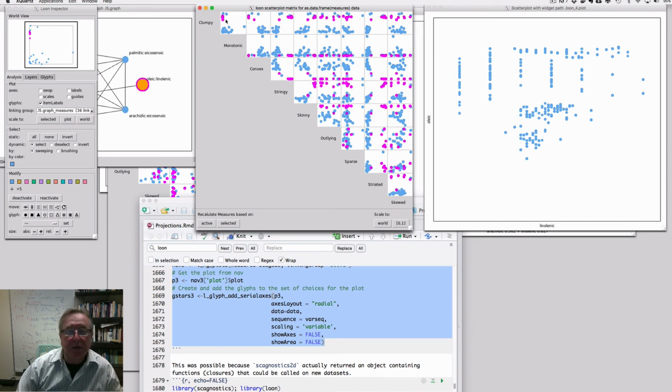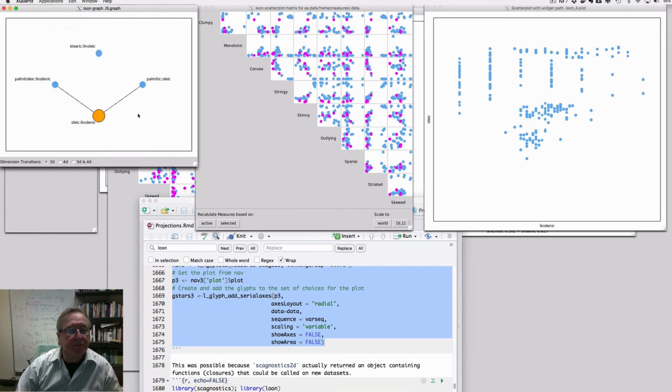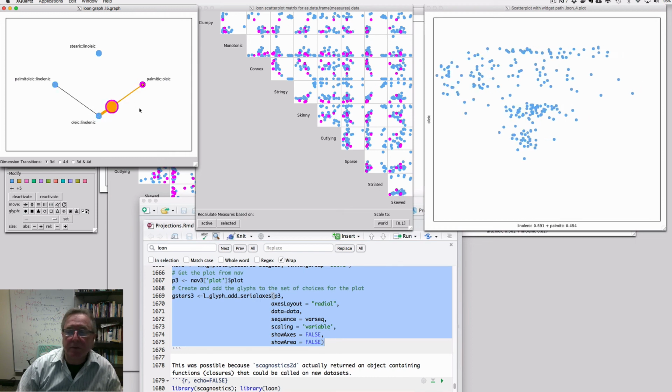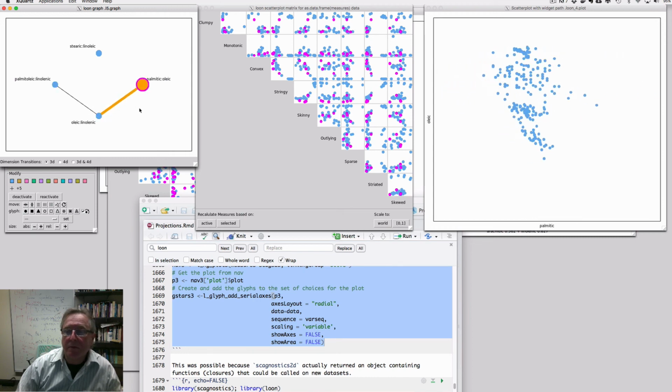I can select these one at a time if I want. See, again, I got high striated, so that one I want. And maybe some other non-convex ones, perhaps. Okay, so that gives us a more interesting data set to look at.